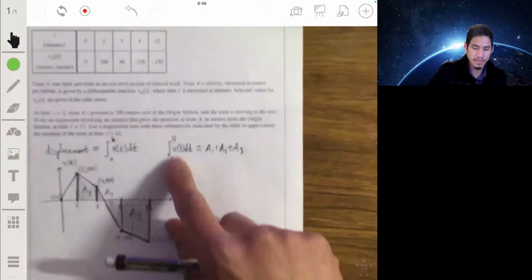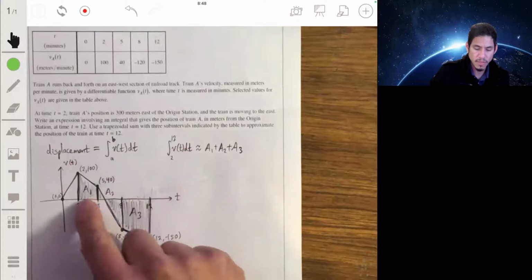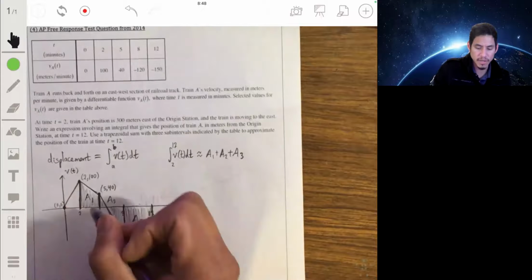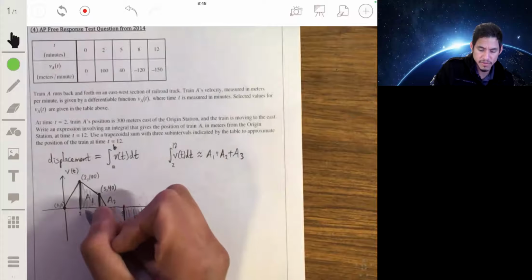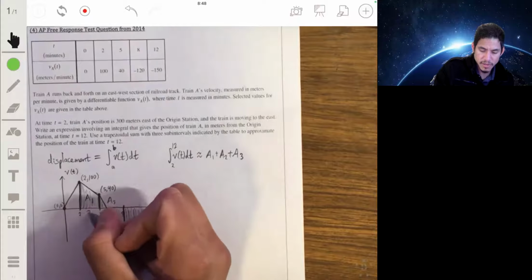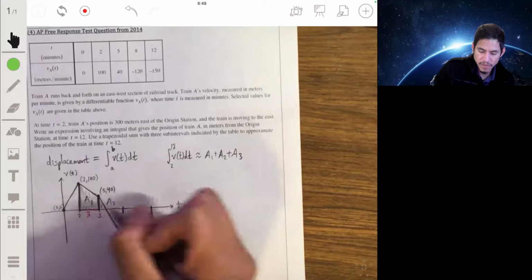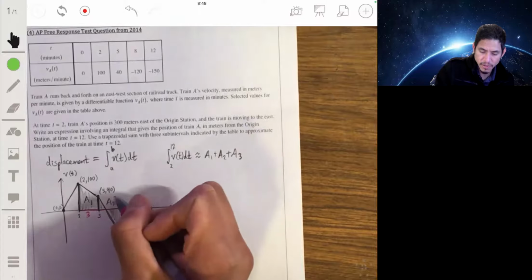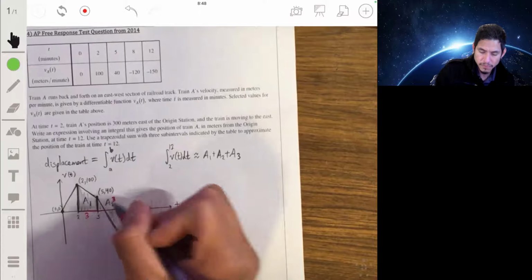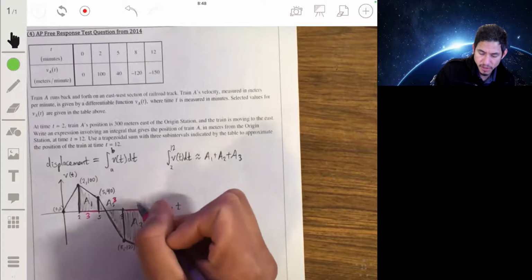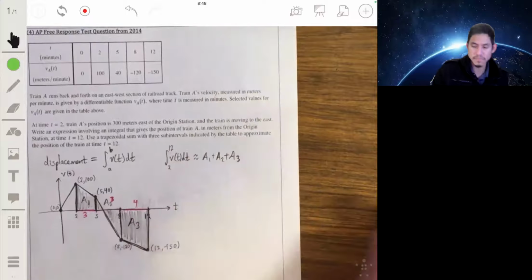So using the trapezoidal rule, we just figure out what the heights are for each of these. From 2 to 5, that's 3. From 5 to 8, that's another 3. And then from 8 to 12, that's a 4.